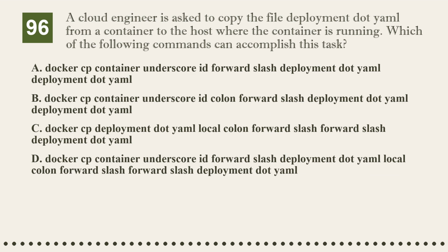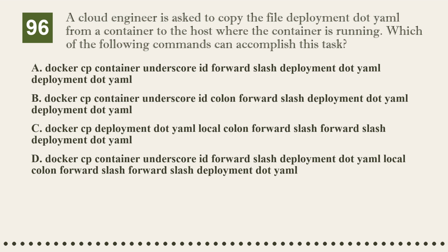Question 96. A cloud engineer is asked to copy the file deployment.yaml from a container to the host where the container is running. Which of the following commands can accomplish this task? Option A, docker cp container_id/deployment.yaml. Option B, docker cp container_id:/deployment.yaml. Option C, docker cp deployment.yaml local://deployment.yaml.